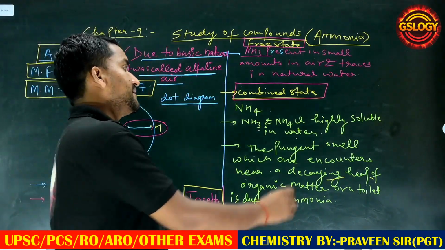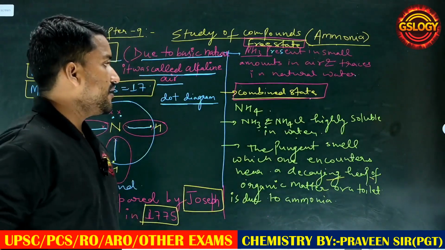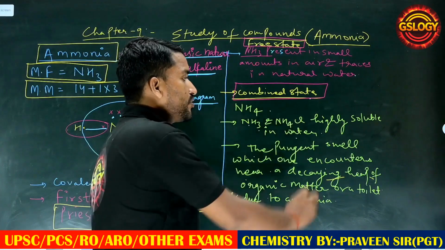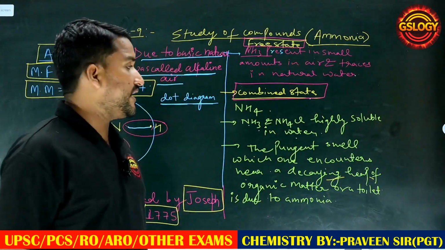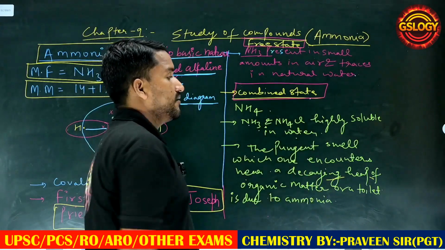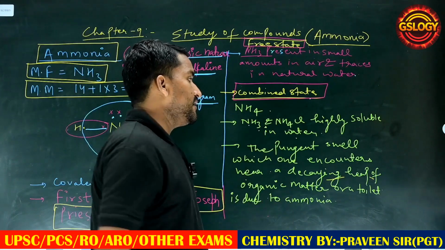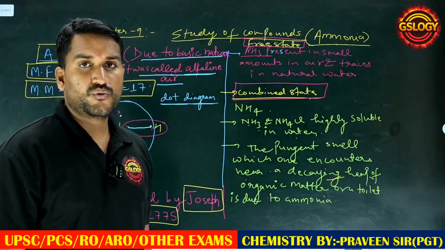Okay? And in the combined state, ammonia is present in the form of ammonium chloride, and ammonium chloride is highly soluble. Both ammonia as well as ammonium chloride are highly soluble in water.